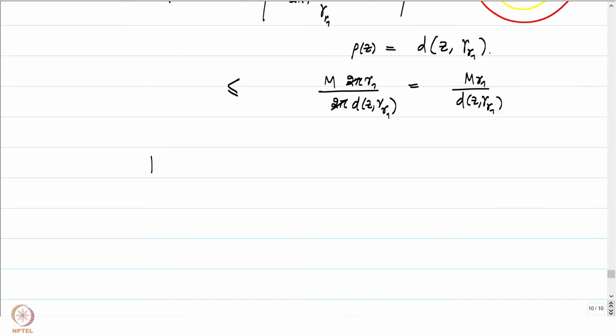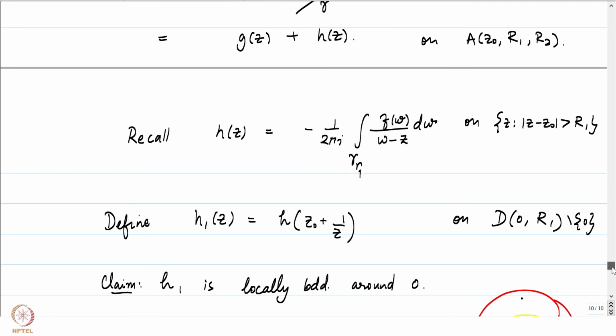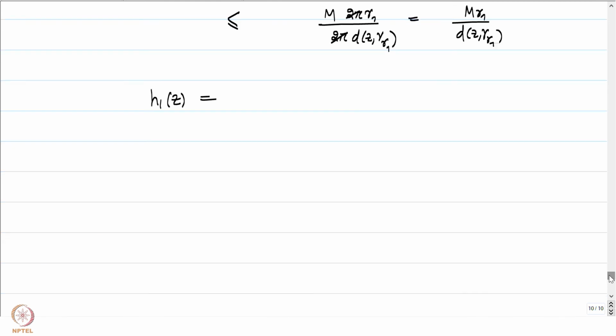So let me just get back to our h1. Our idea was to show that h1 is locally bounded. So h1 of z, what was h1 of z? h1 of z was h of z0 plus 1 by z. When the absolute value of z is less than say epsilon, mod z0 plus 1 by z can be arranged to be greater than some large s.